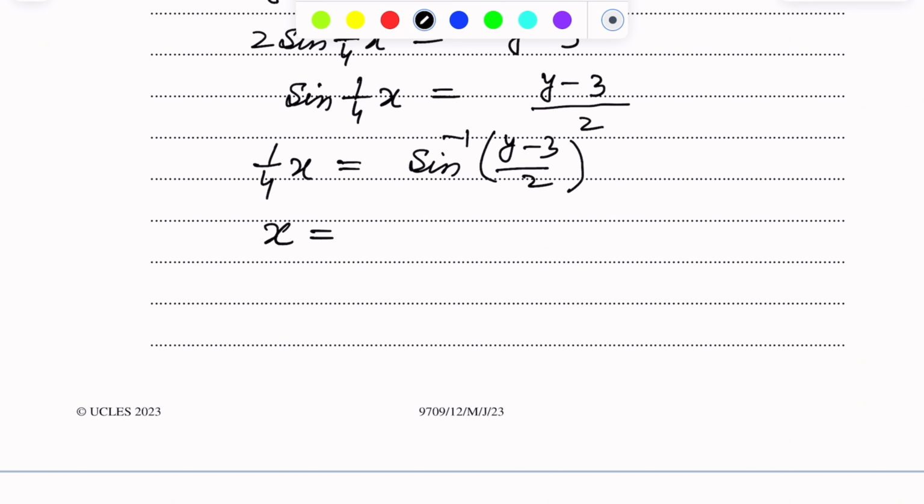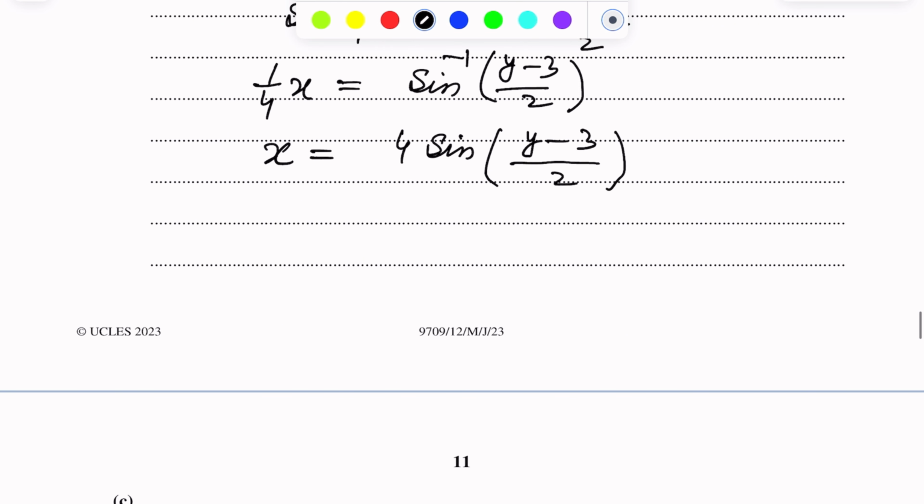x will be equal to 4 sine inverse (y minus 3)/2. So from here we can write f inverse x, on the right side we convert this y into x.